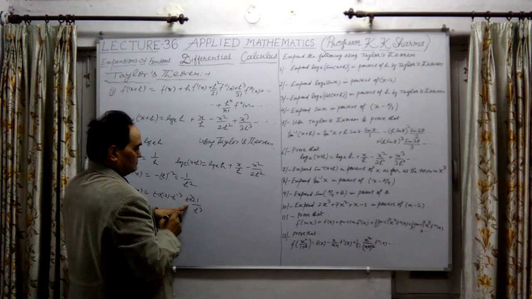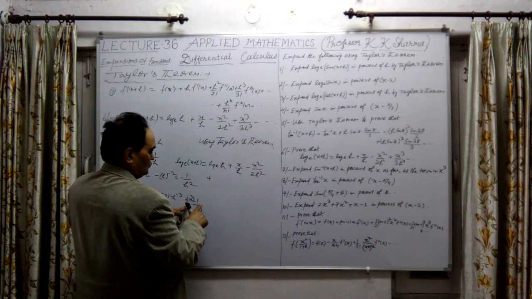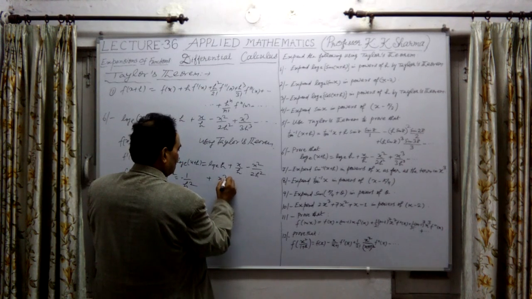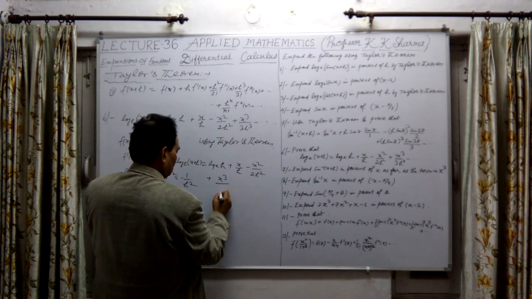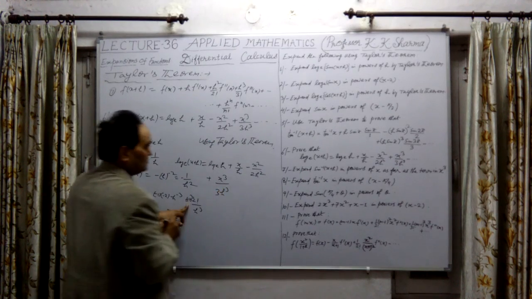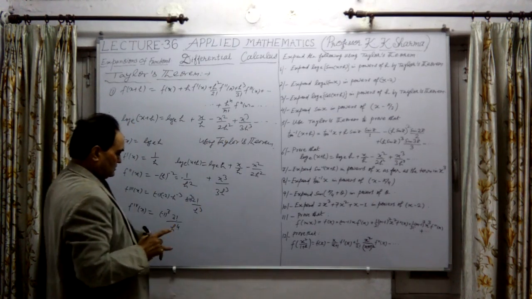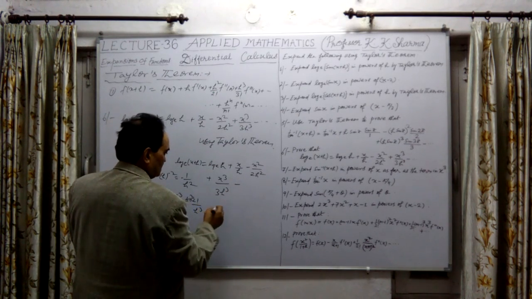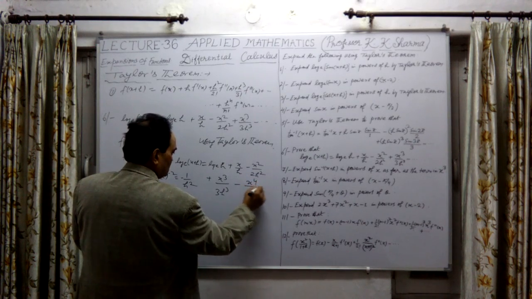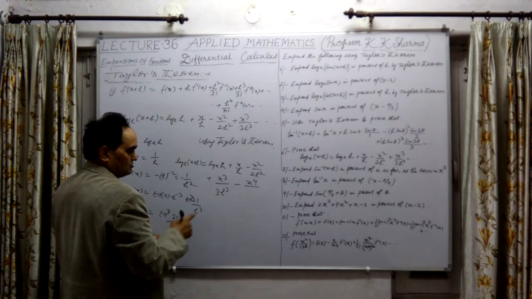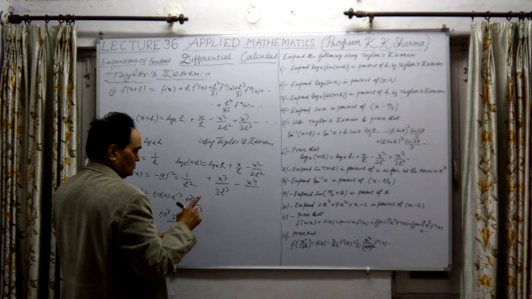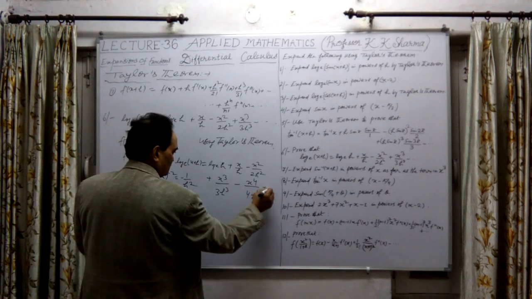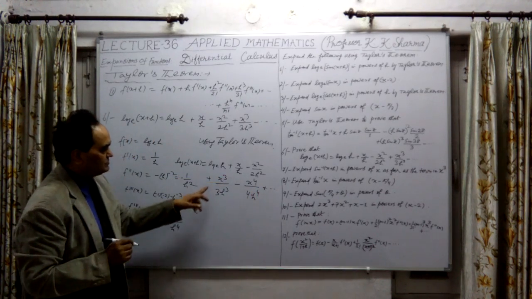Next is positive, the 2 cancels out, so only 3, that means x cube upon 3 h cube. Next is factorial 3, that will be negative, that means minus x4 upon 4 h4, and so on. So this is the series which we have obtained.